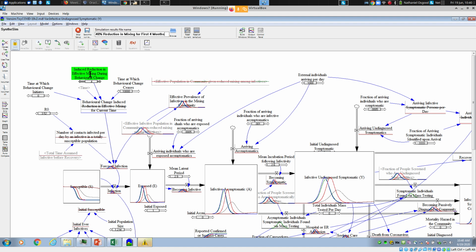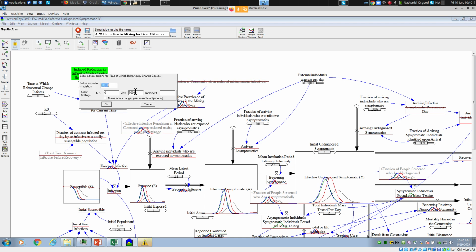And we're going to leave this 40% reduction in mixing here, but I'm going to change the time at which it ceases from a time that's way off the time horizon, 10,000, to 4 months. So it'll be 4 times 30, 120 days, okay?